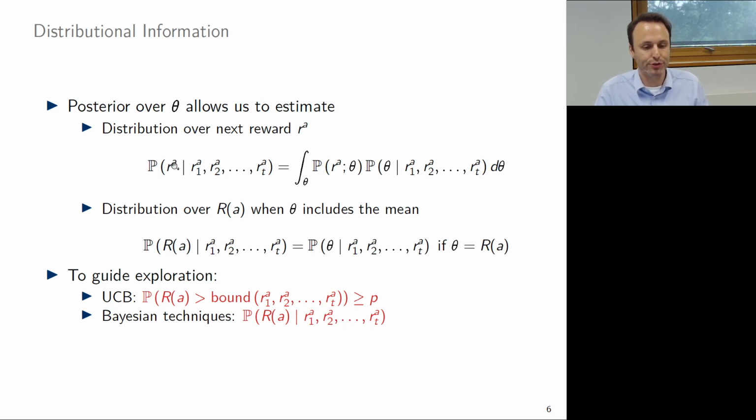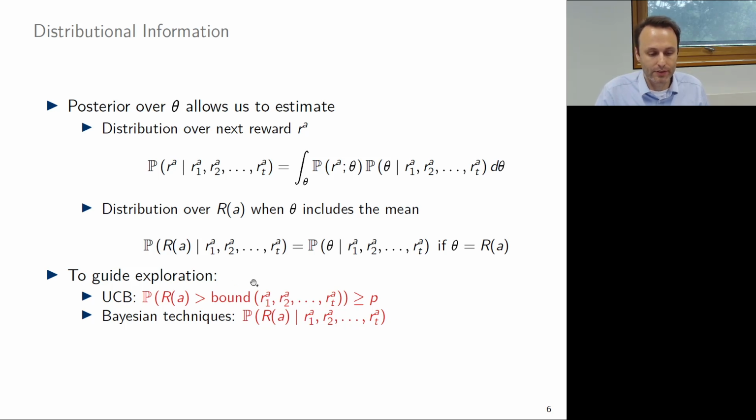But we are not actually interested in the distribution over the next reward itself, but in the distribution of the average reward, capital R, for each action A. If theta includes the mean, then we just need to write this up as the probability of observing this average reward given our data, as a posterior distribution.